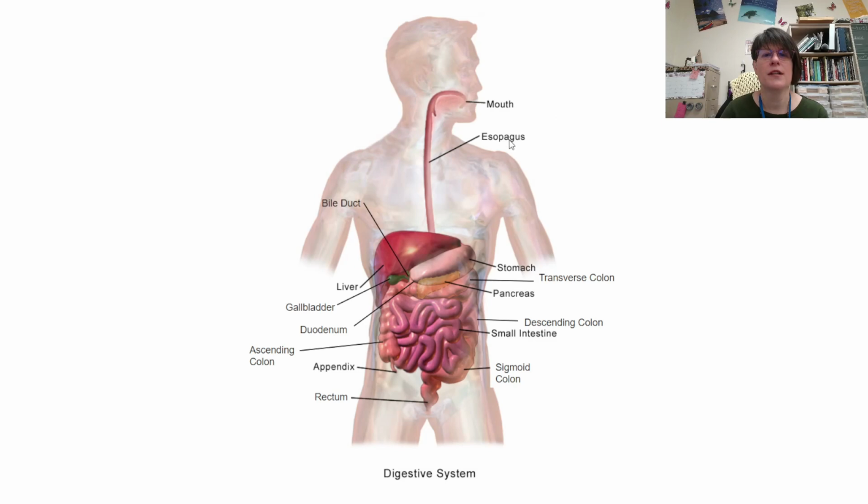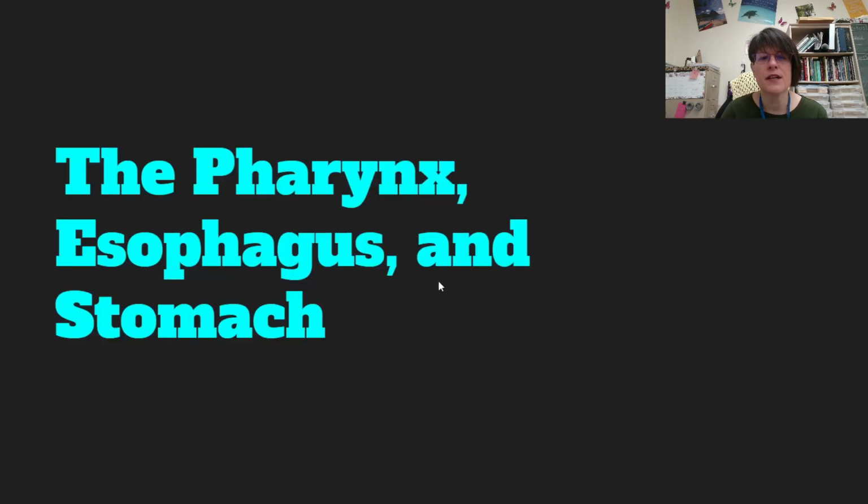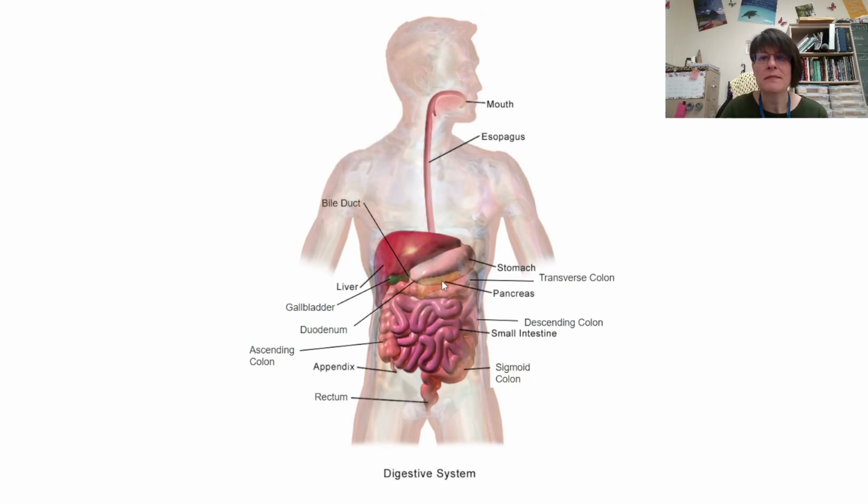We have the mouth, esophagus, the liver that we're going to talk about, the gallbladder, the bile duct, the duodenum, which is at the end of the stomach, the pancreas tucked in there, the appendix, the small intestine, the ascending colon, the transverse, and the descending colon, the sigmoid colon at the end, and then the rectum. So those are all things you will be responsible for knowing.